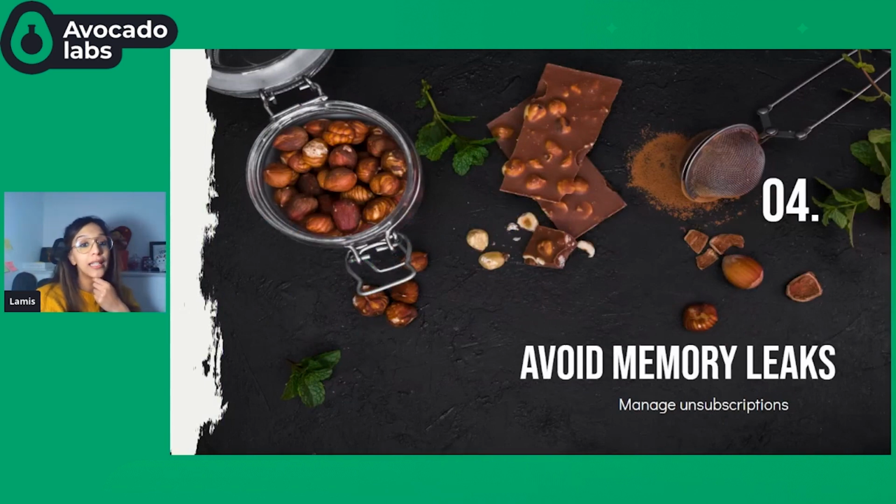Now let's move to the following recipe, which is avoiding memory leaks. We have here some chocolates and some nuts. So, avoid memory leaks and manage unsubscriptions. This is a nightmare for developers, because sometimes we implement many things, we get things working, we see some interfaces, some actions, but then the browser crashes, and I don't know what the reason is.